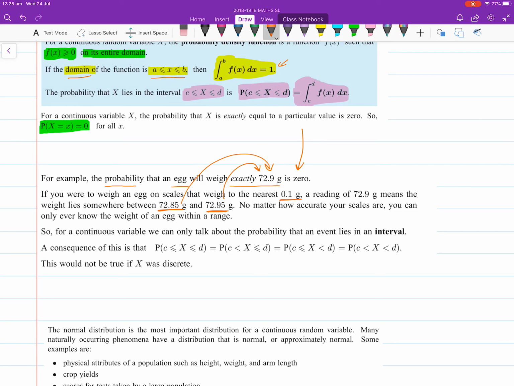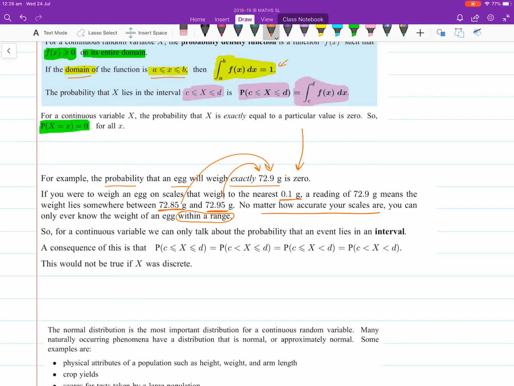And you could just keep adding more decimal places that are going to round up or round down to that amount. So no matter how accurate your scales are, you're only ever going to know the weight of the egg within a range. It's always going to be a range. Let me just circle that better for you. It's never going to be exact.